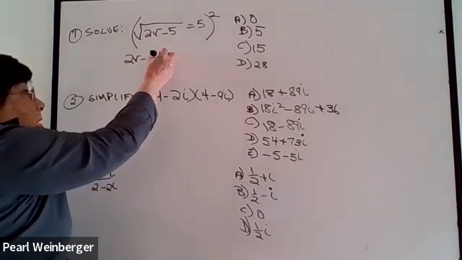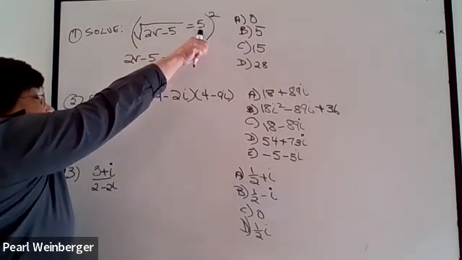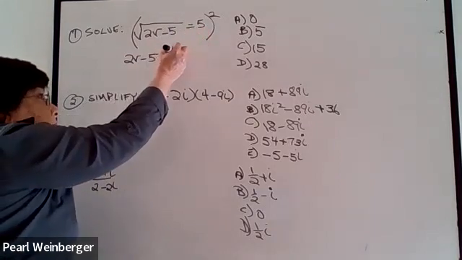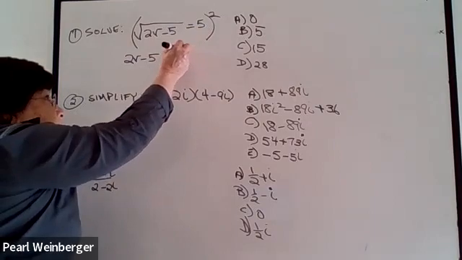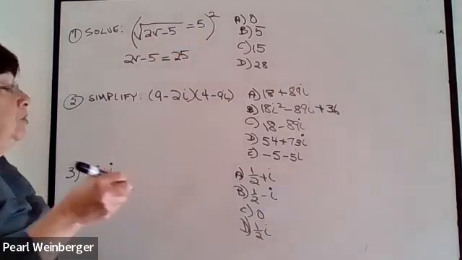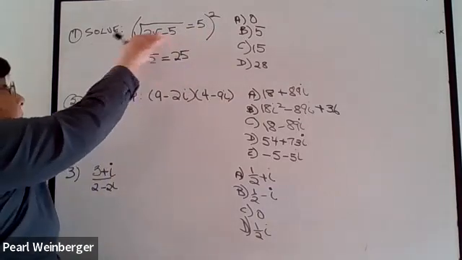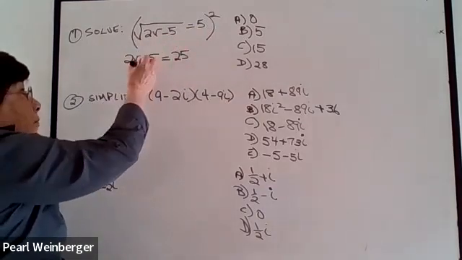The other side of the equation is not in a radical, so I actually have to multiply by itself. So I have to do 5 times 5. I square the 5, it gives me 25. And now I have a regular equation without any radical.